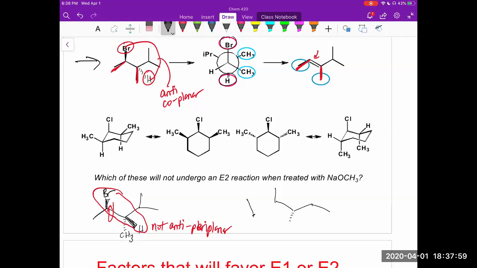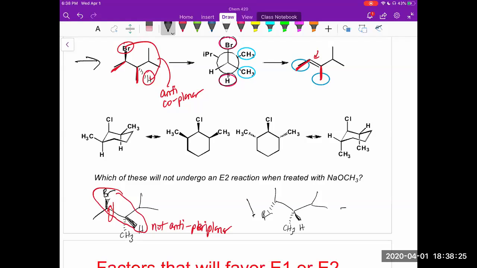My CH3 is still back. I think I got my isopropyl messed up. We'll fix that in a minute. H is still forward. I left that one carbon the same. The methyl's up, and now the bromine is to the back. So I just spun it around, the bromine's back, the methyl's up, and then I have an isopropyl sticking out like that.